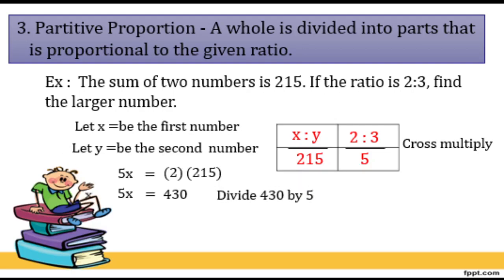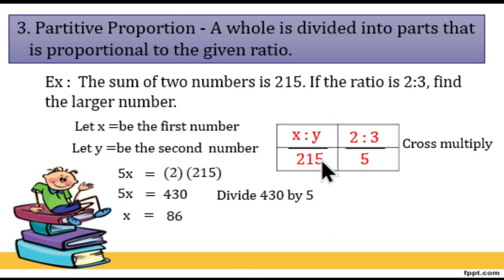So 5x divided by 5 is equal to x. And then 430 divided by 5 is equal to 86. So therefore, x is equal to 86. So the first number is 86.